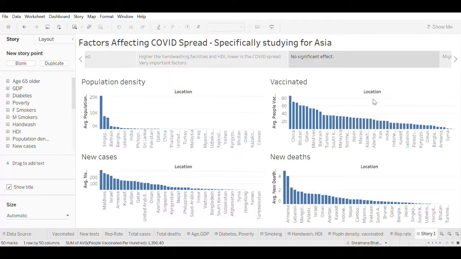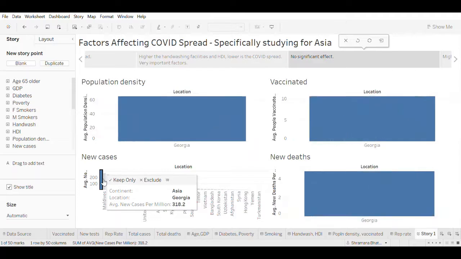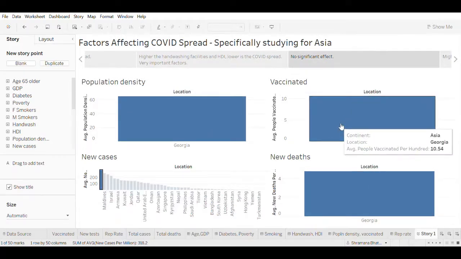So no significant effect could be seen from the data, right? Because if I check for Georgia again, supposed to have very less people vaccinated. And here we have 10.54. Population density 65.03, which is on the lower side only.